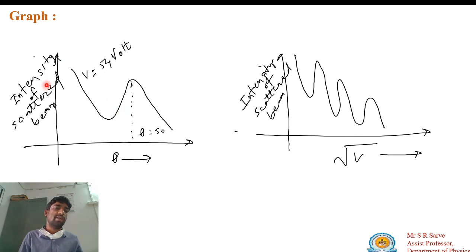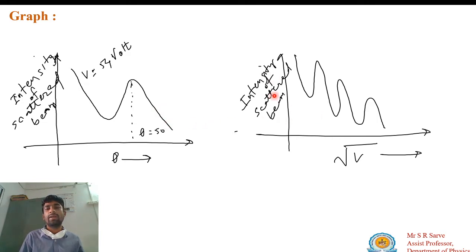While performing this experiment, what he found is that in the graph of intensity of the scattered beam versus theta, initially the intensity of the radiation is high, and then as the angle of diffraction increases, the intensity goes on decreasing, and after increasing the angle again, the intensity goes on increasing, and at theta equal to 50 degrees, the intensity of radiation is maximum, and then again the intensity goes on decreasing.